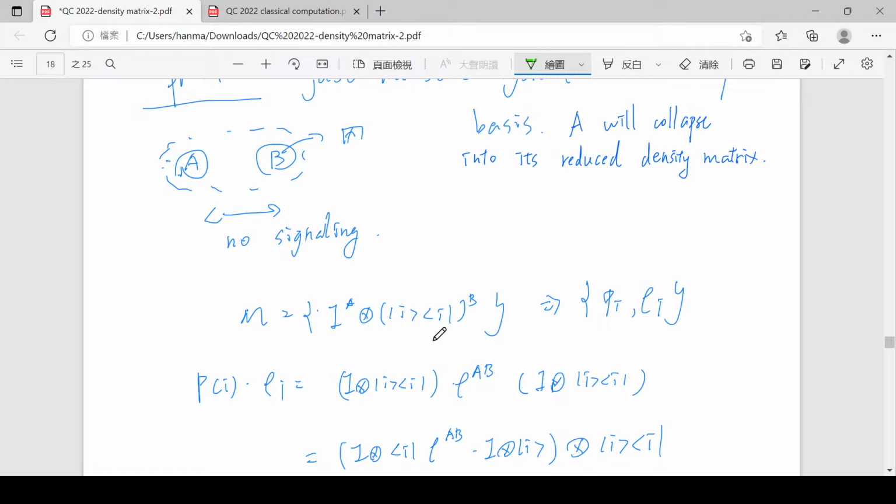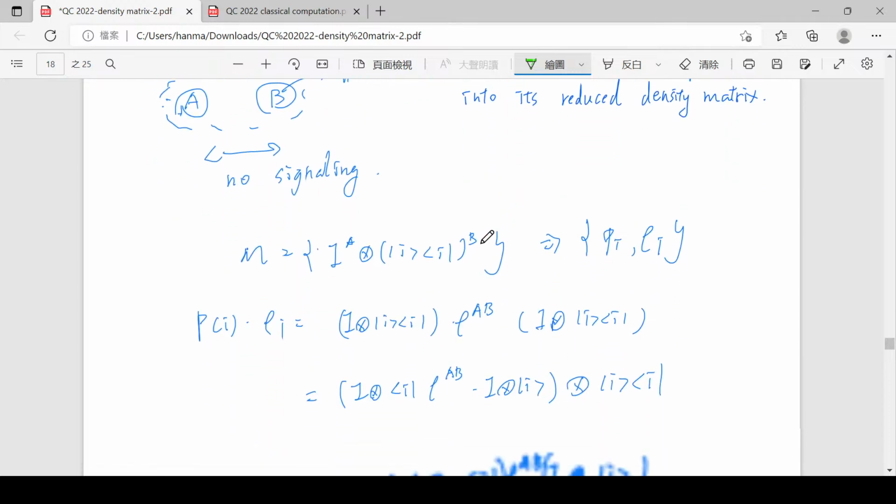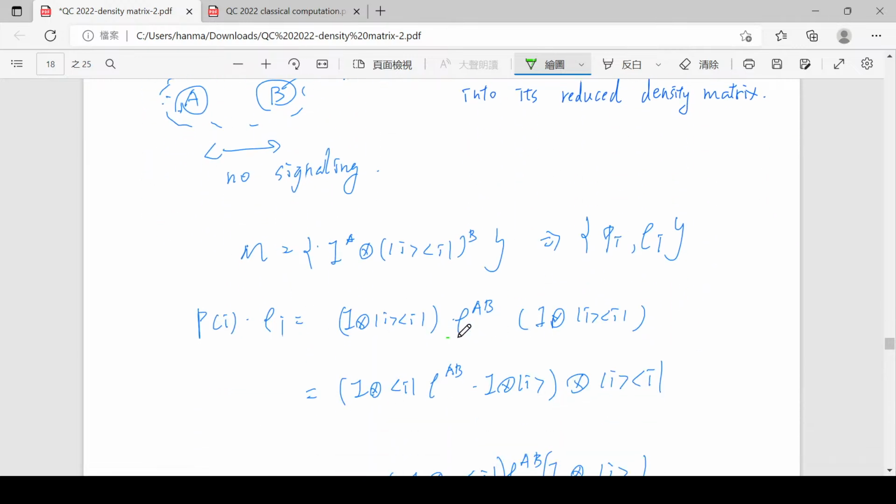And so those are the measurement operators. And we want to find the ensemble interpretation. So we do this measurement on system B, and we want to see what are the post-measurement states, the probabilities, and the corresponding post-measurement state of the whole system after you do this. So we do the calculation. The whole system is in some state rho AB, as we said.